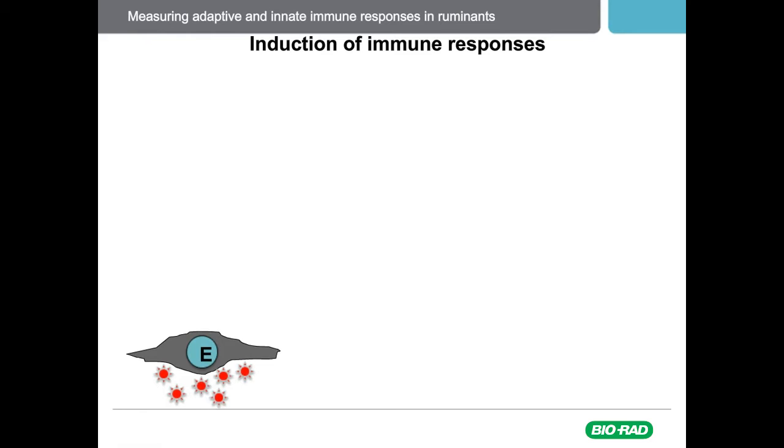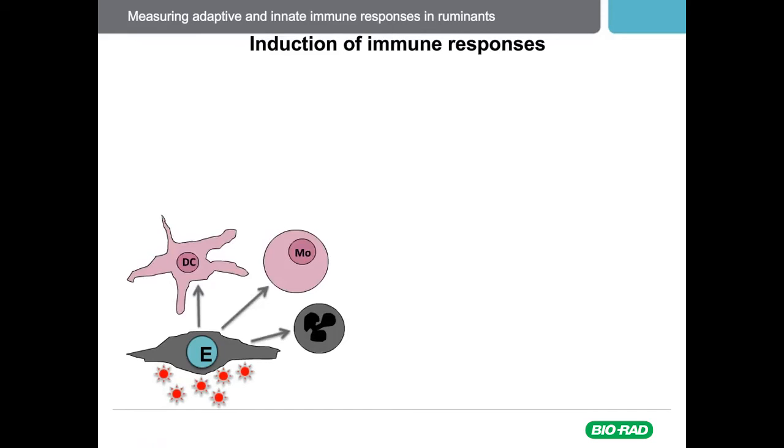When those infectious agents come in contact with the mucosal surfaces, those epithelial cells will respond. And they will respond by essentially sending signals that will recruit other innate immune cells. In this case, I've indicated dendritic cells, macrophages, and neutrophils. And the principle here is that those cells will act, first of all, as a primary line of defence, but also be important for activating the next stage of the immune response.